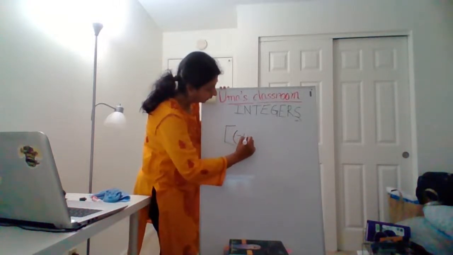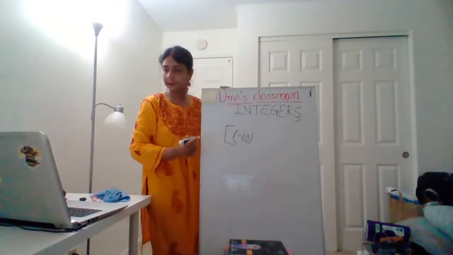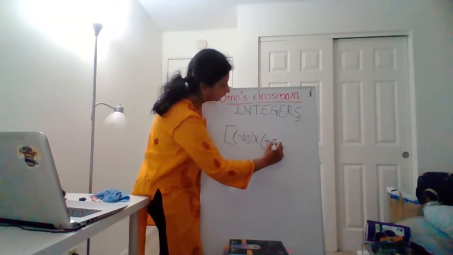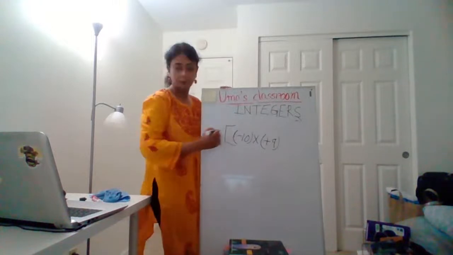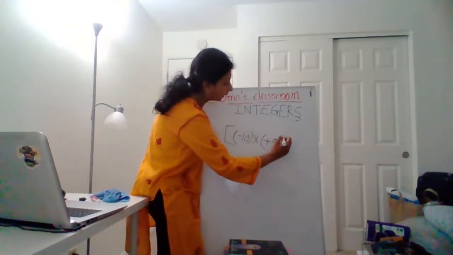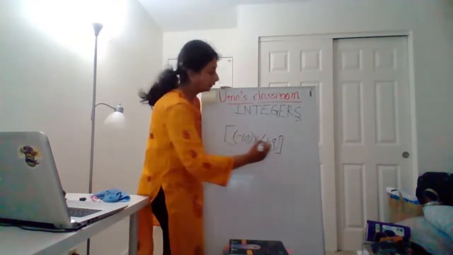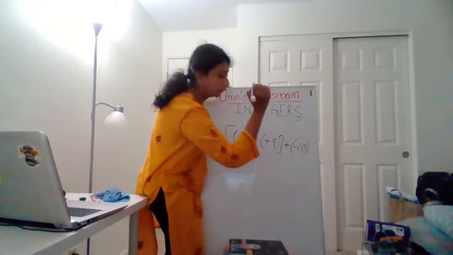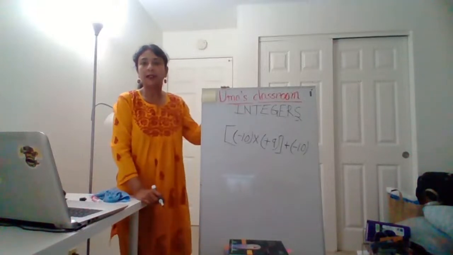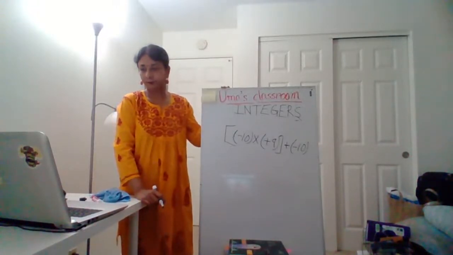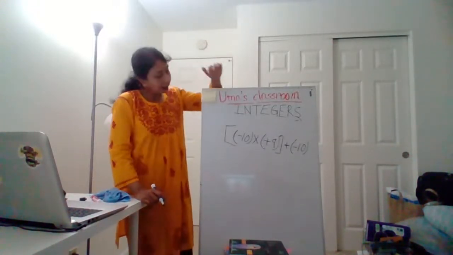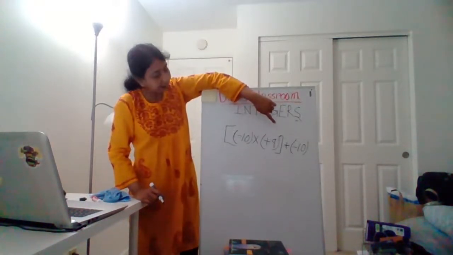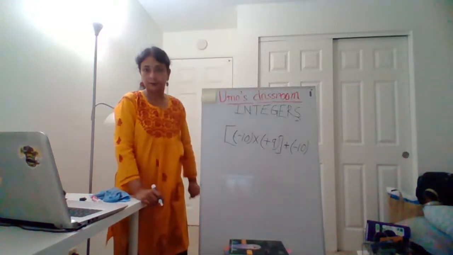Negative 10 inside the parenthesis times positive 9, close the square bracket, then plus negative 10. What is the value of this one? Negative 10 times positive 9 plus negative 10.